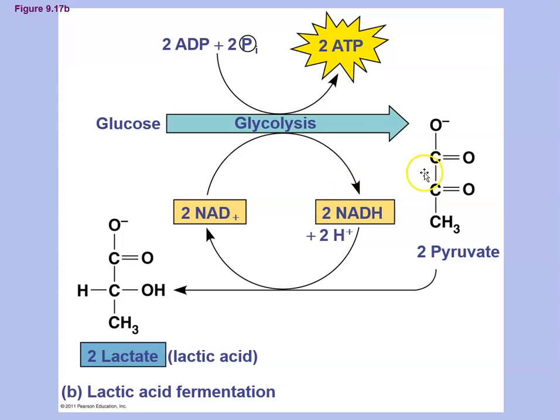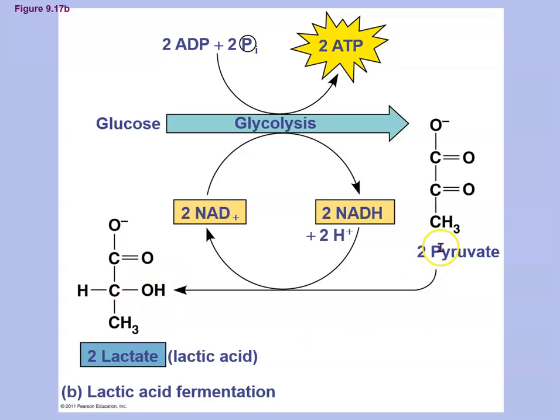So literally, the product of glycolysis, pyruvate, instead of going on to the Krebs cycle in the mitochondria, actually becomes the electron or the H acceptor. So this is pyruvate here, and pyruvate will accept this H off of NADH, and if you look at the product, you can see exactly where it goes. It goes right here on this O. There it is there.